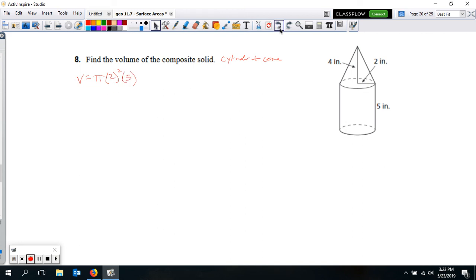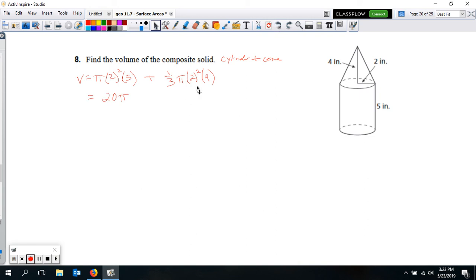We're going to add it to the volume of the cone, which starts with 1/3. So plus 1/3, and then it's also pi r squared, so pi times 2 squared for that one as well. Then we multiply by the height of the cone, which in this case is 4. Now let's start multiplying things out. 4 times 5 gives us 20 pi for the volume of the cylinder.